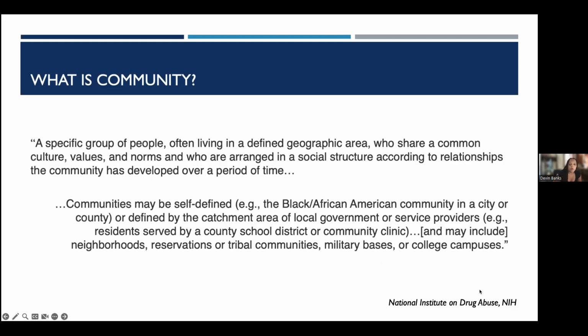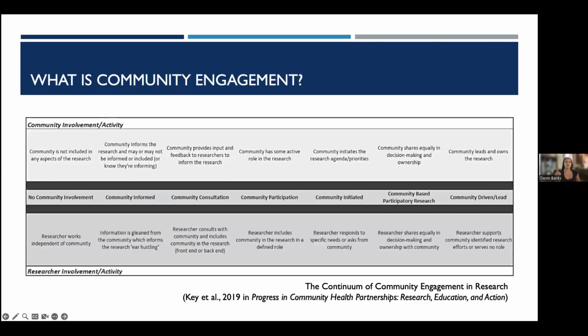So now that we know a little bit more about what community is, maybe we can talk about what community engagement is. Community engagement is a spectrum. This is the continuum of community engagement and research by He and colleagues that is linked in the email that you got today from the seminar.